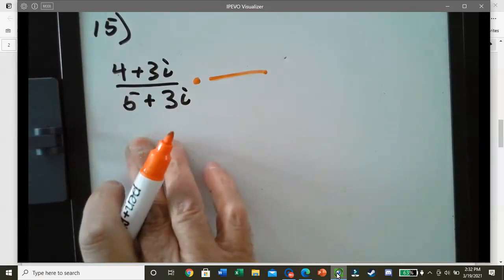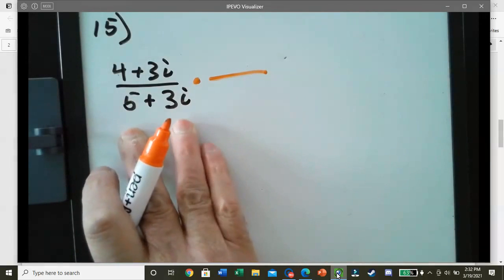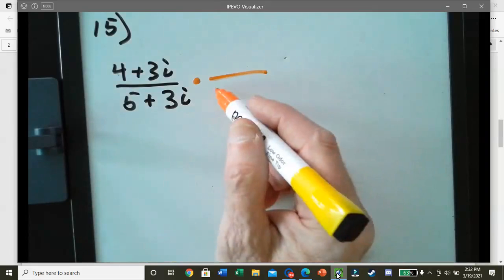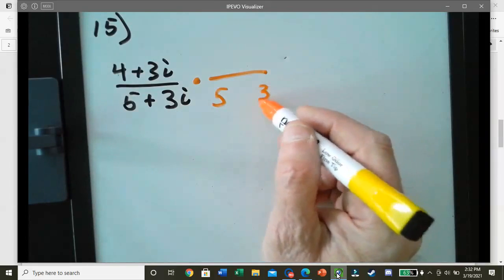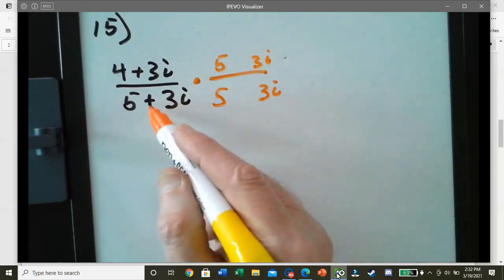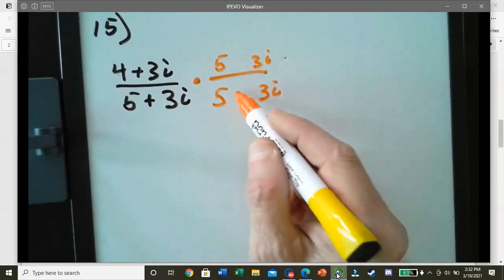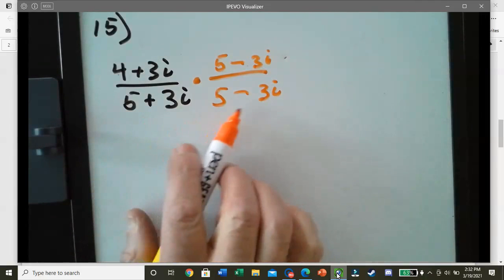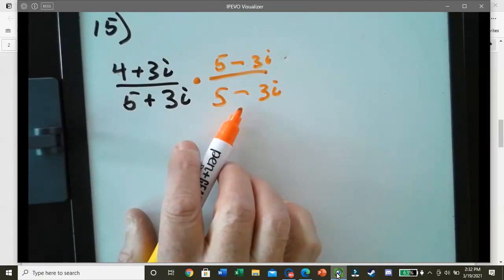What is the conjugate of 5 plus 3i? Everything's the same except one little thing. The sign, yeah. If the middle sign is a plus, the conjugate is a minus. If the middle sign is a minus, then the conjugate is the plus.